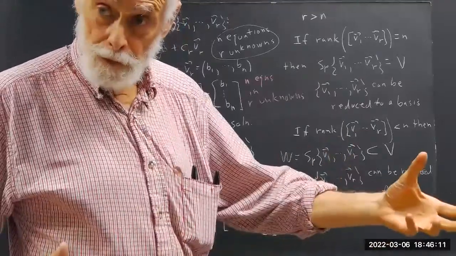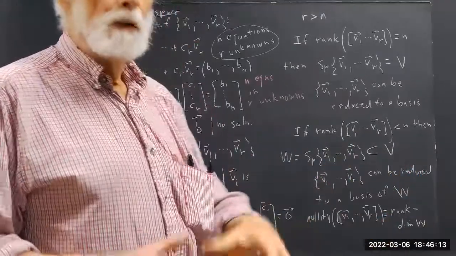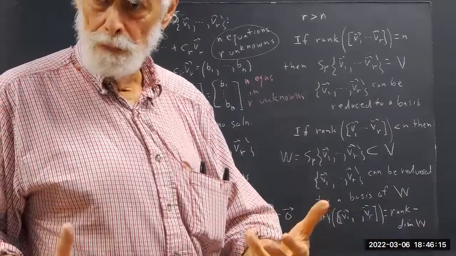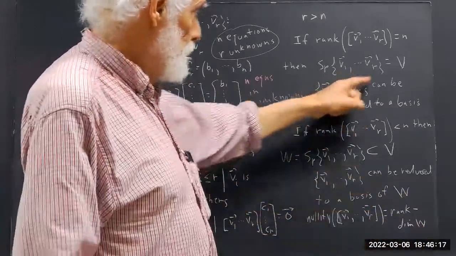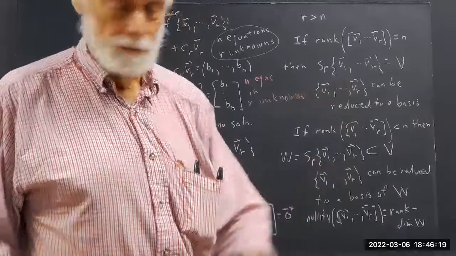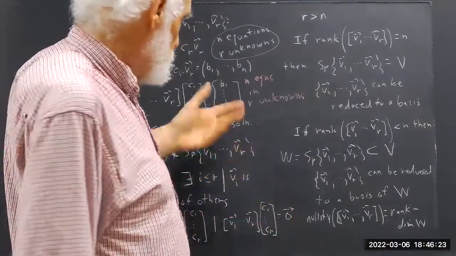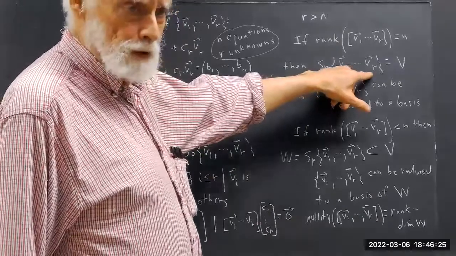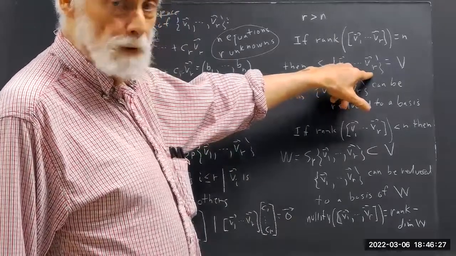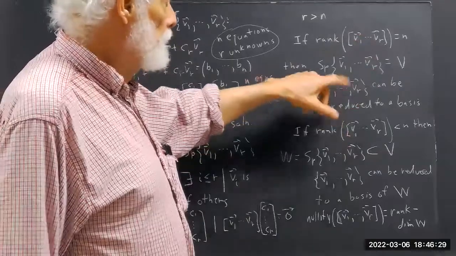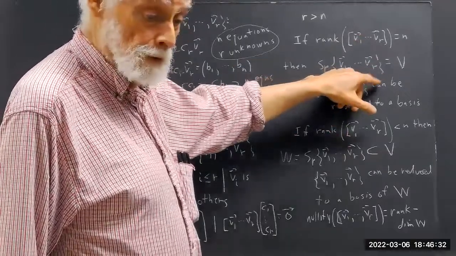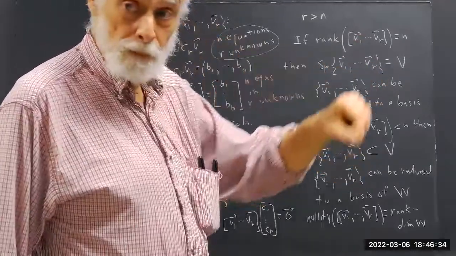There are too many vectors for the space. You have more vectors in this set than you have vectors in a basis. And all that goes together to show you why at least one of these vectors is a linear combination of the others, or alternatively, that there exists a non-trivial linear combination of these vectors that is equal to 0.